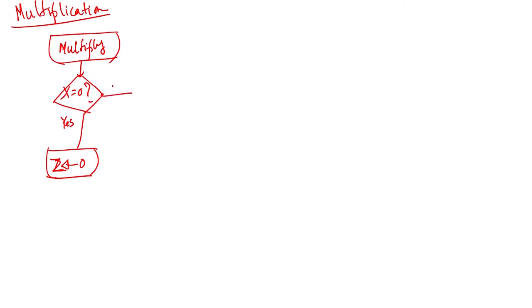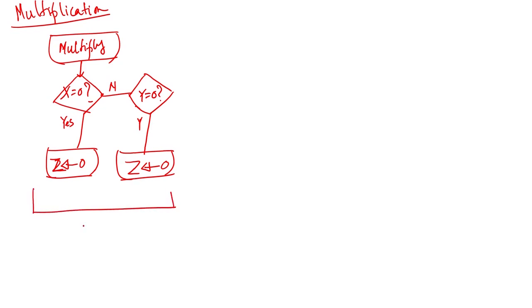If no, x is not 0, then obviously you have to check whether y is 0 or not. If yes, then the result is again z is 0. This is the check for 0, this part. If no, then we have to perform the operation.